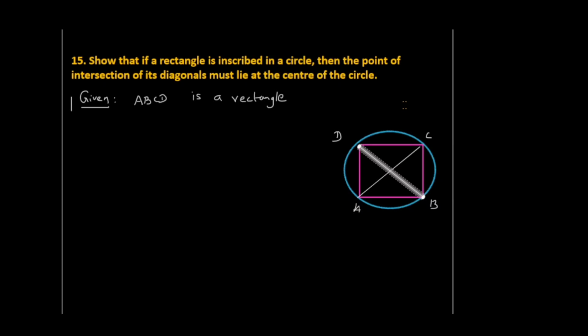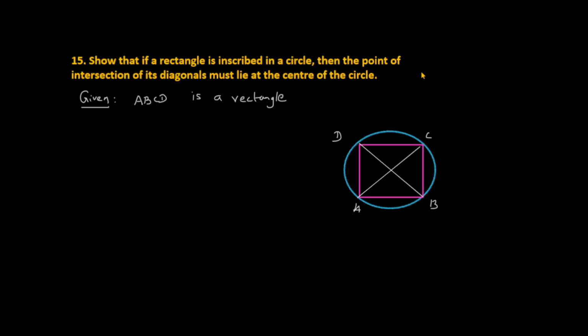Now, by the diagonal property of the rectangle, the diagonals bisect each other. The rectangle's diagonal property is nothing but that the diagonals are equal and bisect each other.